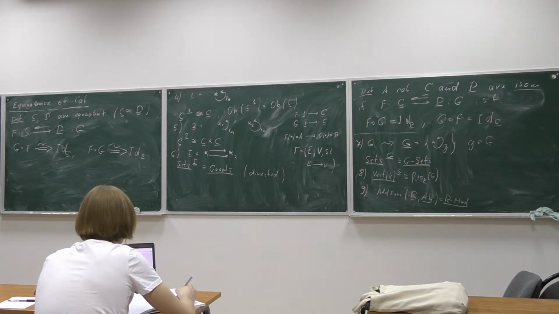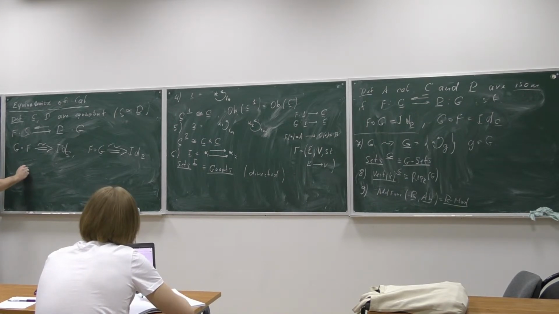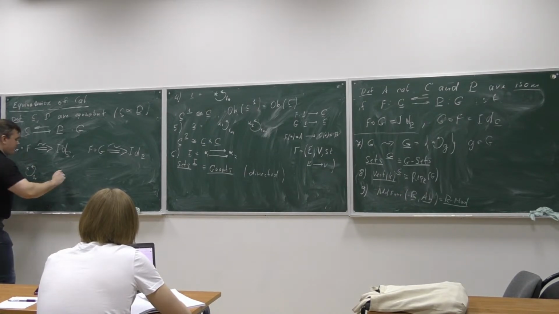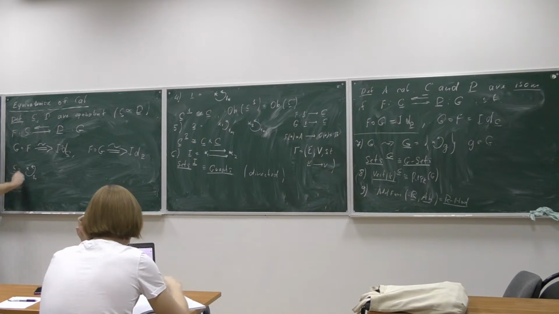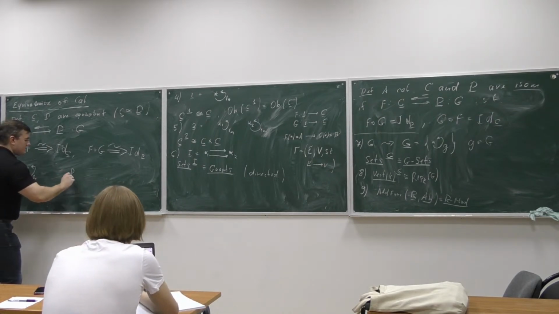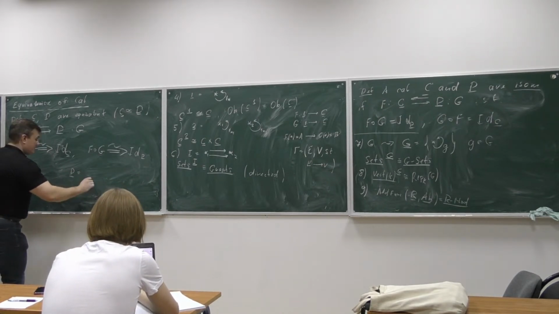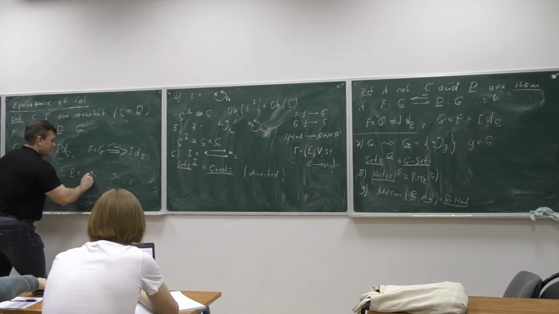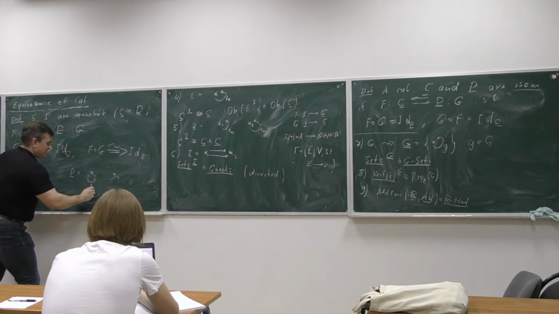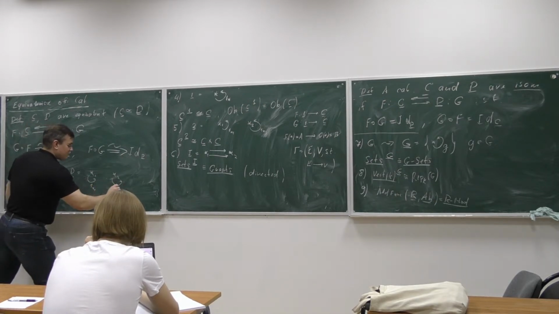What would be a typical example of two equivalent categories? I can take, again, one object and one arrow in a category, so this is C. And the category D has two objects, with identities, which is not really interesting information.